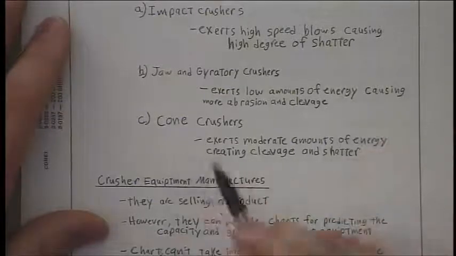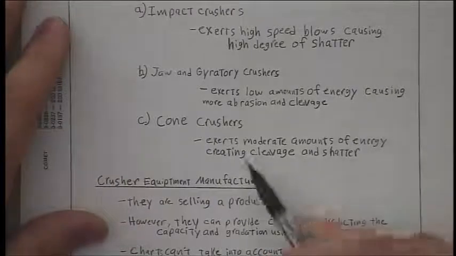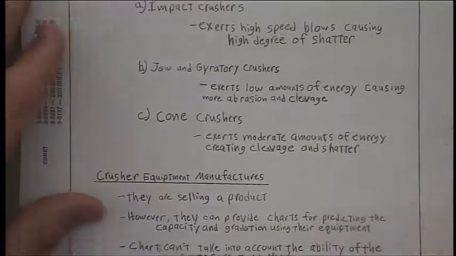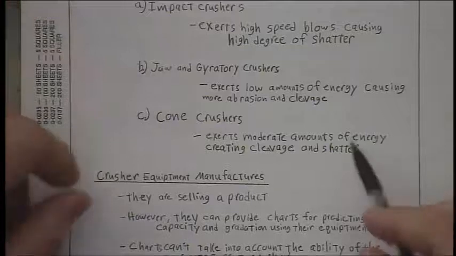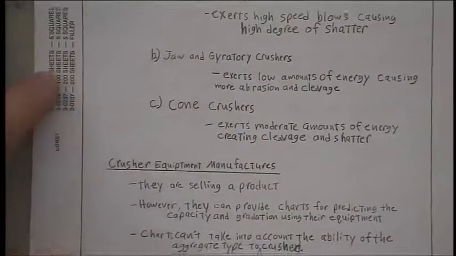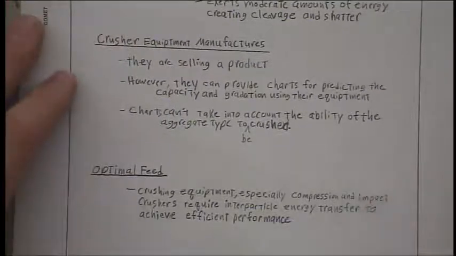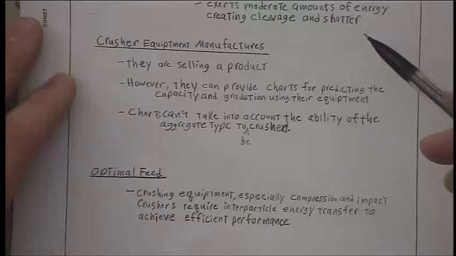And then you have a cone crusher, which exerts moderate amounts of energy and creates cleavage and shattering. So it gives you more of that shape. It does more of a chiseling type thing. And so it's very common in a lot of quarries.